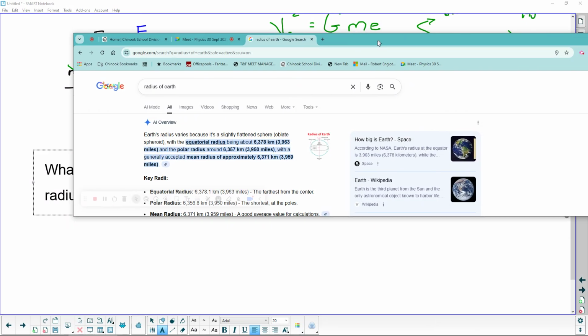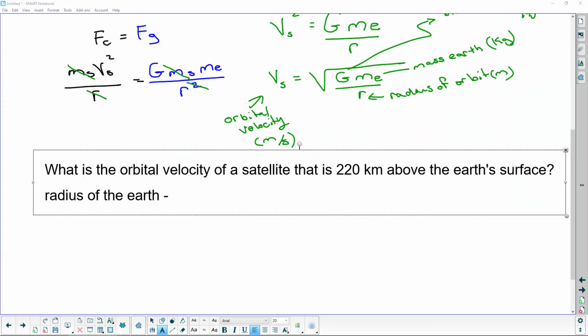We'll use the mean radius, so we'll use 6,370 kilometers.